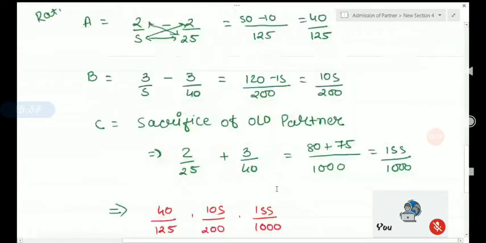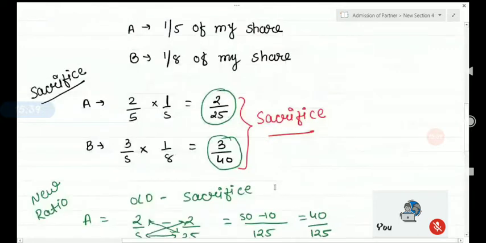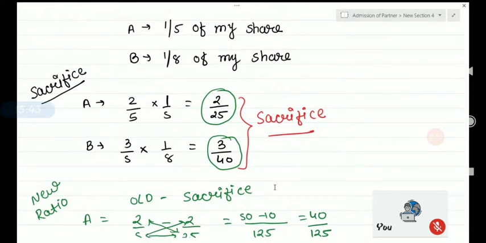So I'm again mentioning the same steps. First of all, you need to calculate sacrifice, because both partners are not sure how much sacrifice they made. How will you get sacrifice? Old ratio into sacrifice. So you will get that sacrifice.